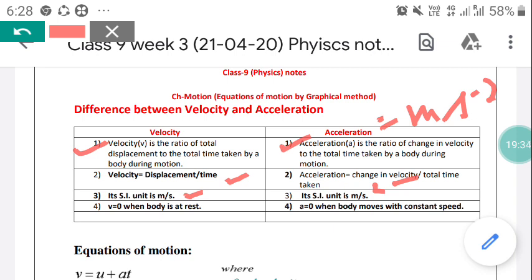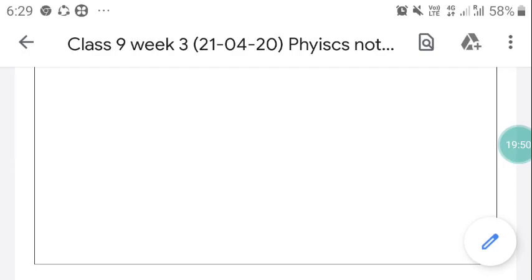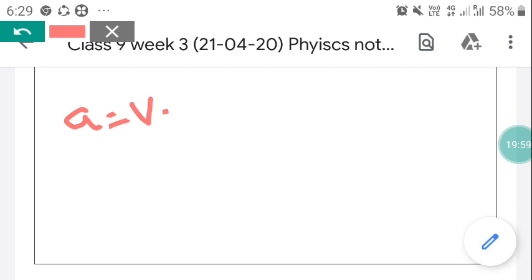And the fourth point is v is 0 when the body is at rest. v can only be 0 when the body does not move, whereas a can be 0 if the body is moving with constant speed. How? We know that a is equal to v minus u divided by t.